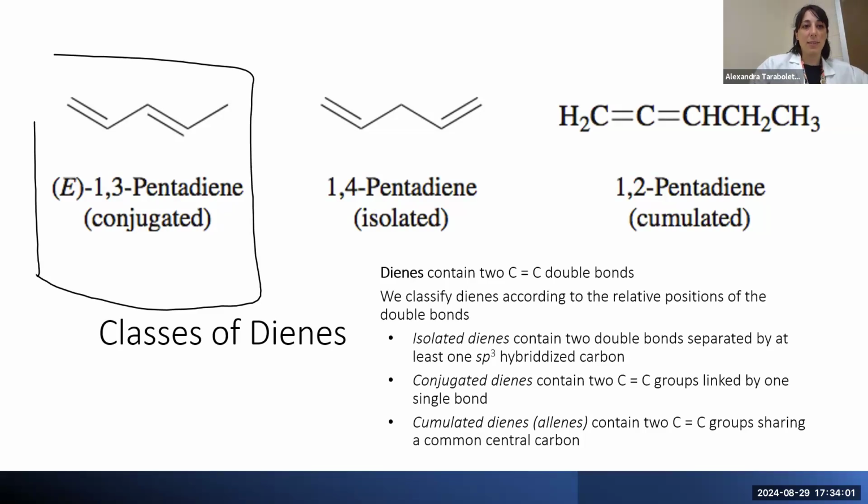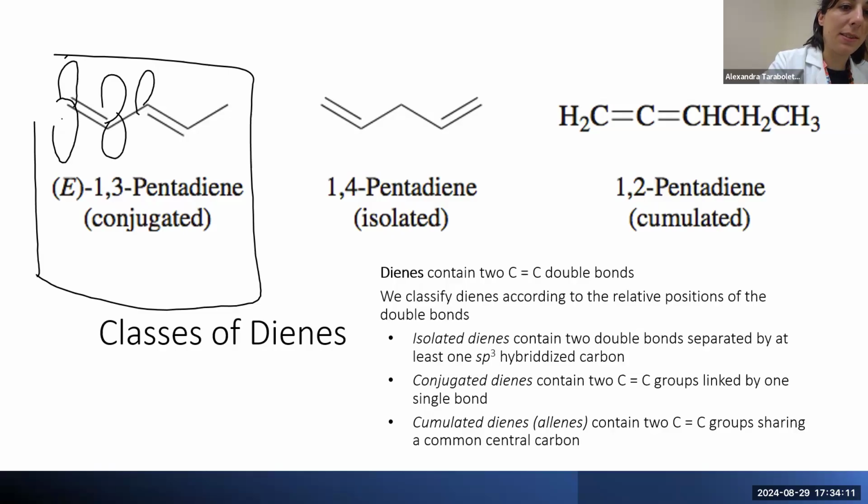Notice, double bond, single bond, double bond. That causes there to be pi orbitals. See, at each of the points where the double bond starts and ends, there's a pi orbital. And if you look at that all together, all the way through from end to end of each of the double bonds, you have pi orbitals that can be shared.